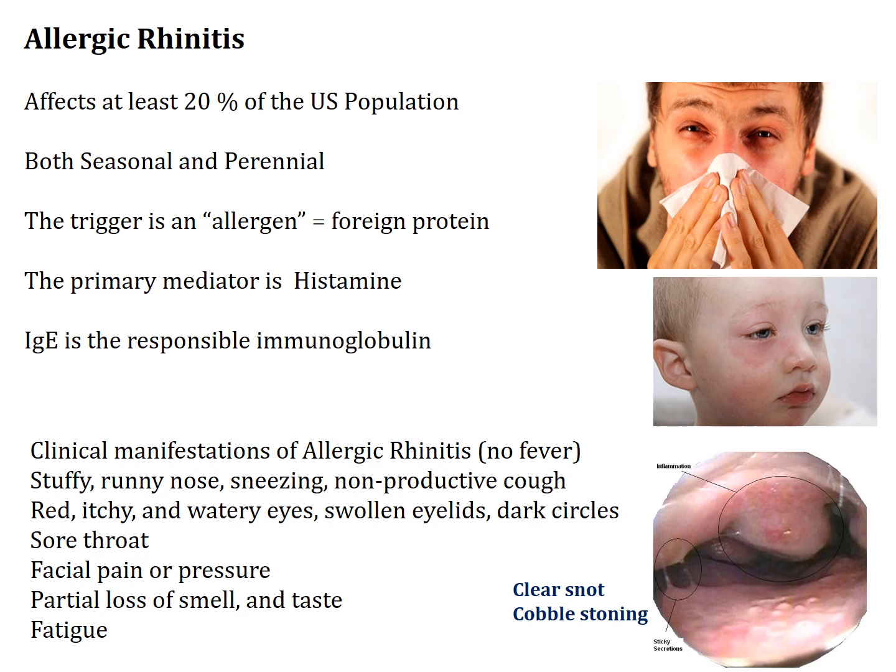Swollen eyelids with dark circles around the eyes. It's usually referred to as the allergic shiner. Here you can see the adult and the child with the allergic shiner. Sore throat, facial pain, pressure, maybe some loss of taste and smell, maybe feeling fatigue, right? Classic findings of an upper respiratory tract inflammatory response.